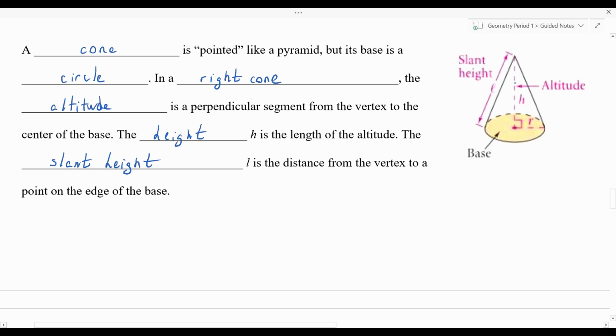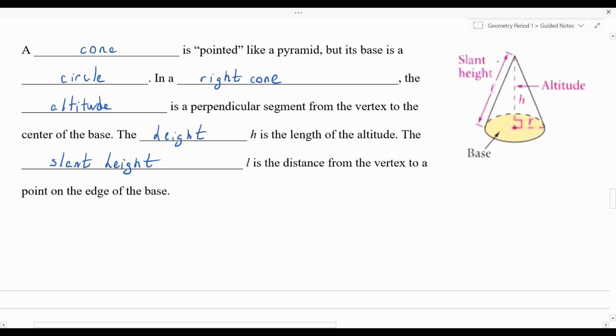Now we have the altitude, and it meets my base at a 90-degree angle, so that's the altitude, also the height. The slant from the vertex to one edge of the base touches my base at precisely one point right there. So that's the slant height.